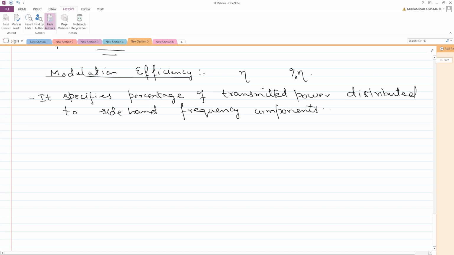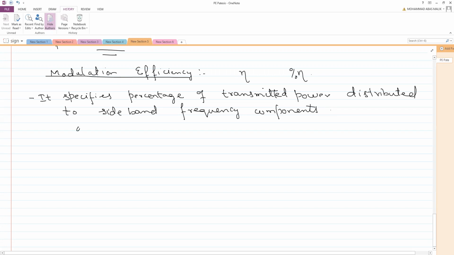That means out of the total power which is transmitted, which power is distributed to the sideband transmissions. Sideband is useful compared to the carrier signal because the sideband contains information, and that's the reason we specify the percentage of the transmitted power distributed to sideband frequency components.